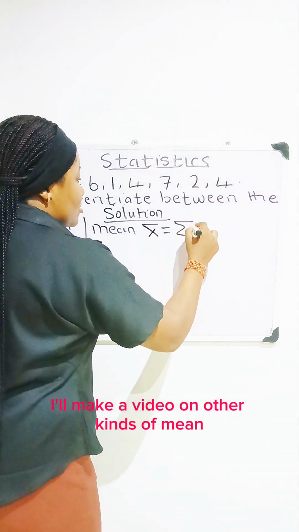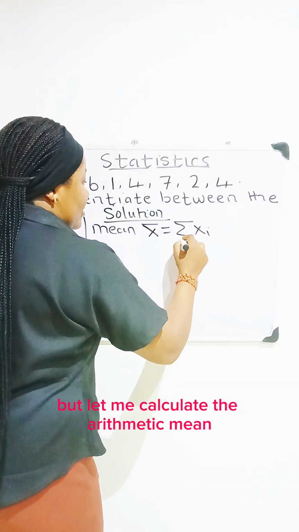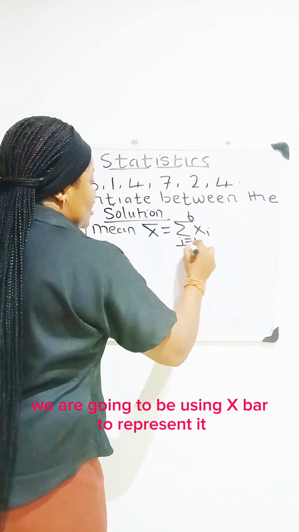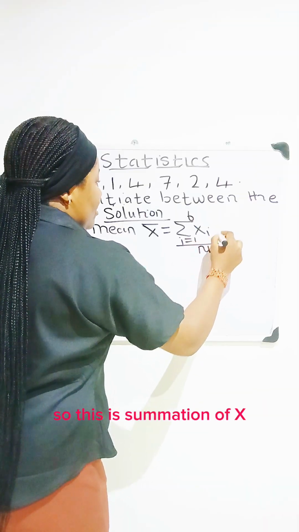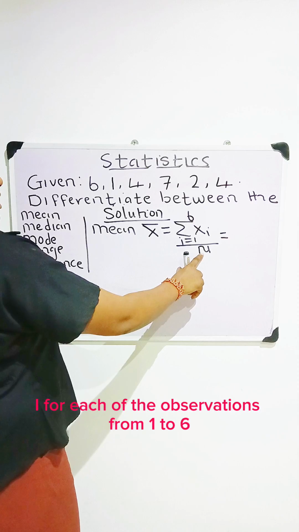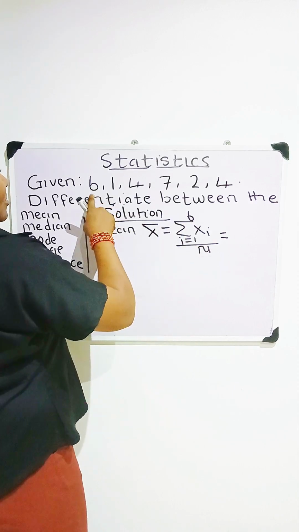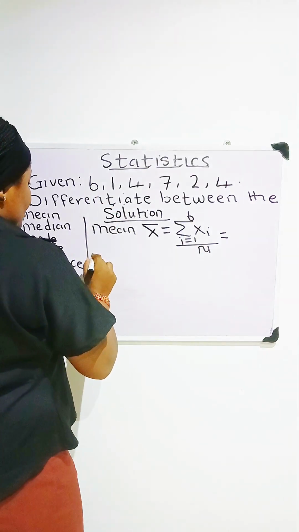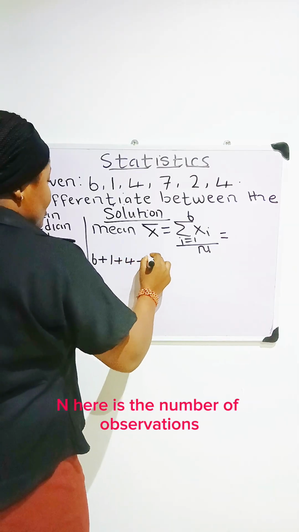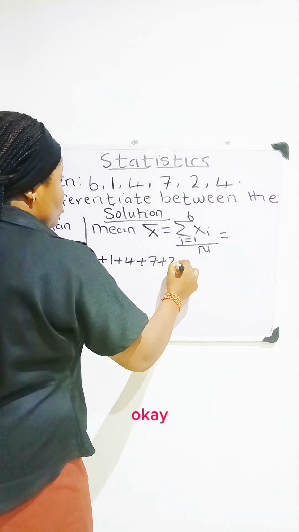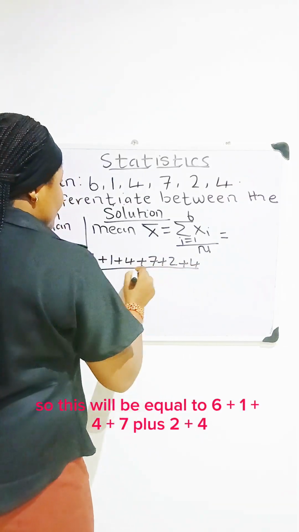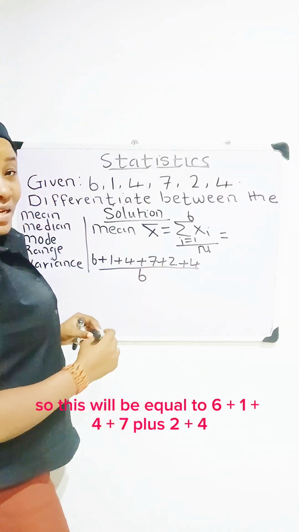So this is summation of xi for each of the observations from 1 to 6 all over n. Okay? So these are the observations all over n. N here is the number of observations, equal to 6 plus 1 plus 4 plus 7 plus 2 plus 4 all over the total number of observations, like we have seen, they are 6.